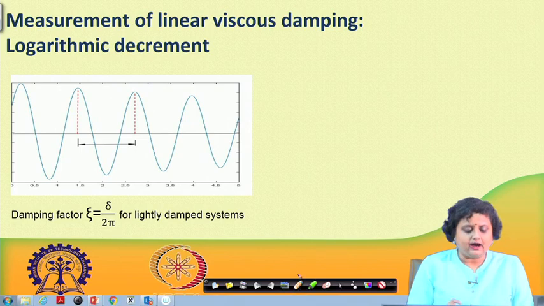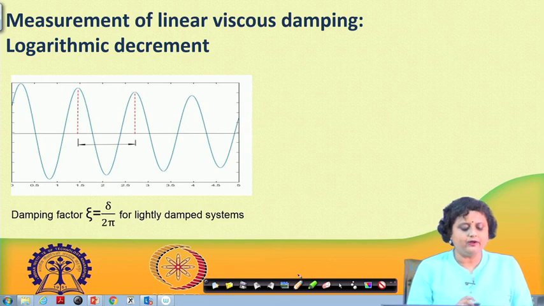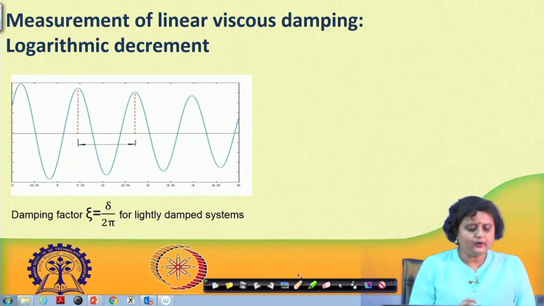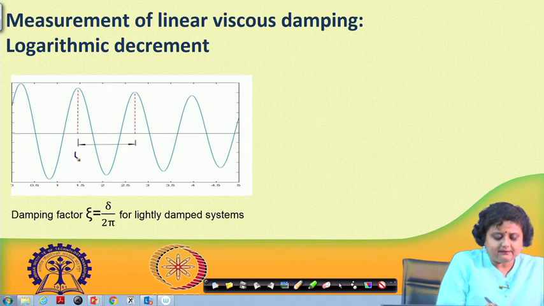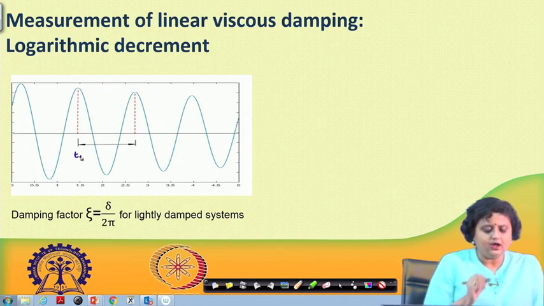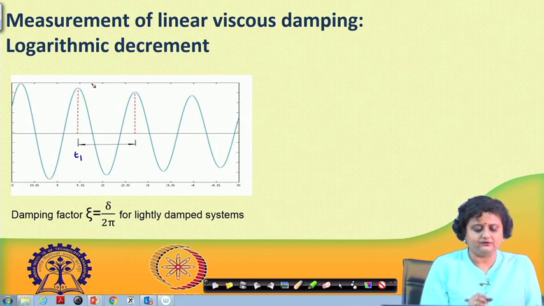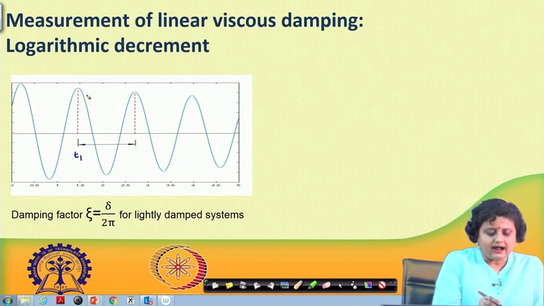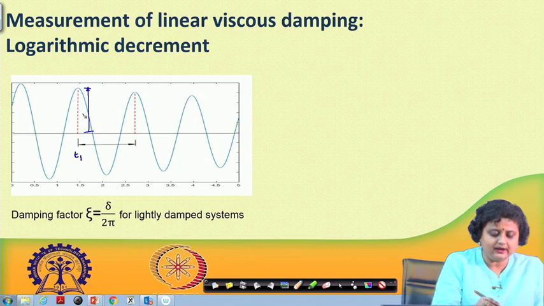So, let us start with the response of a single degree of freedom system undergoing underdamped condition. What we do here experimentally is that at a certain time instant t1, we measure the amplitude of the response of the system.